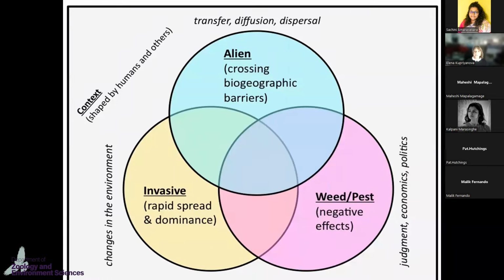So to sum up, the species we are interested in are in the intersection of these three circles of this diagram. They're alien, crossing geographical barriers, they're invasive, they spread fast and dominate, and they're pests.